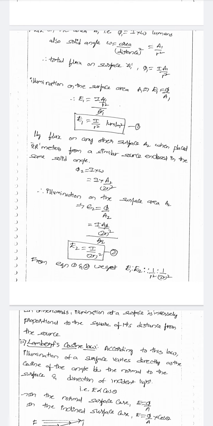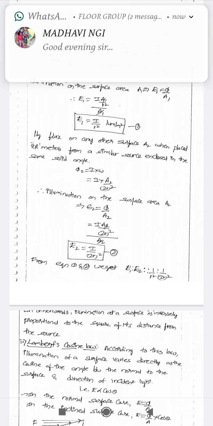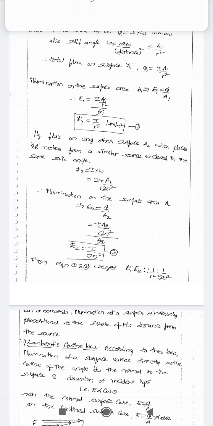The corresponding distance r square is inversely proportional to illumination. Likewise, we can consider any number of distances: first distance r, second distance 2r, third distance 3r, fourth distance 4r. Each should be expressed. Then finally we get the result that illumination is inversely proportional to the square of the distance. The second law we will see next class.